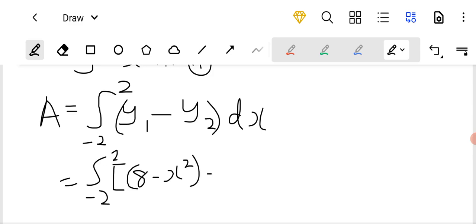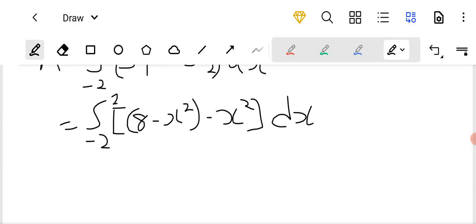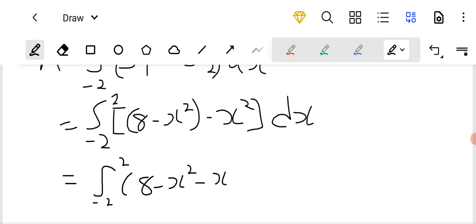That's one function, minus the bottom one, which was just x squared. I don't think there's need to put it in brackets, just x squared, dx. Okay, so it will simply be equal to the integral from -2 to 2 of 8 minus x squared minus x squared dx.